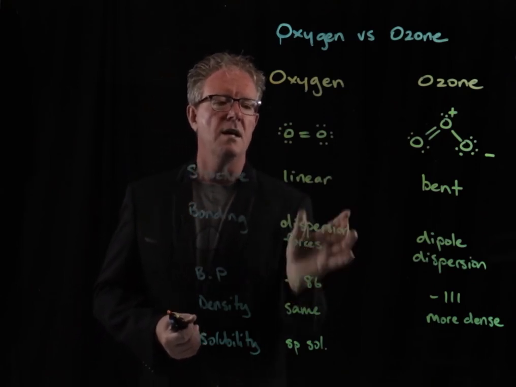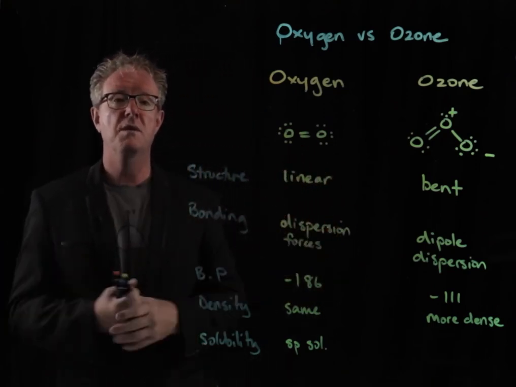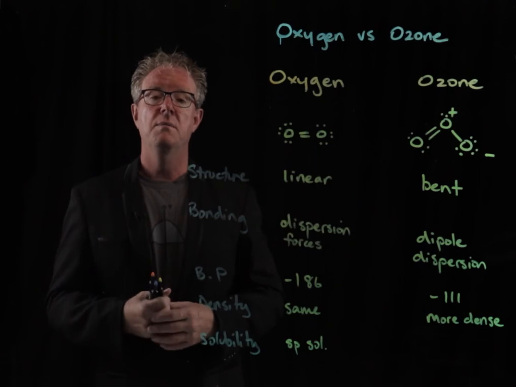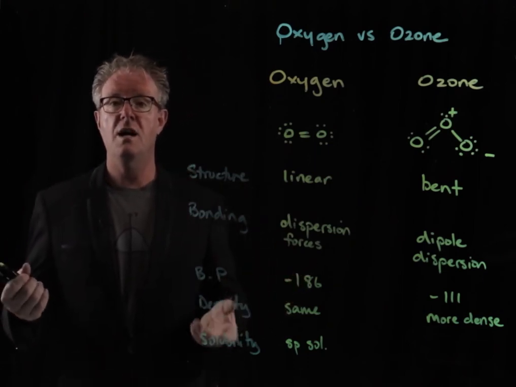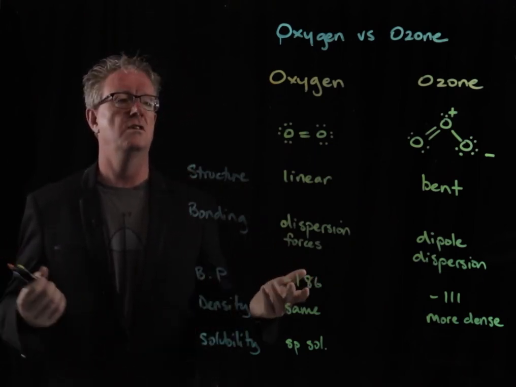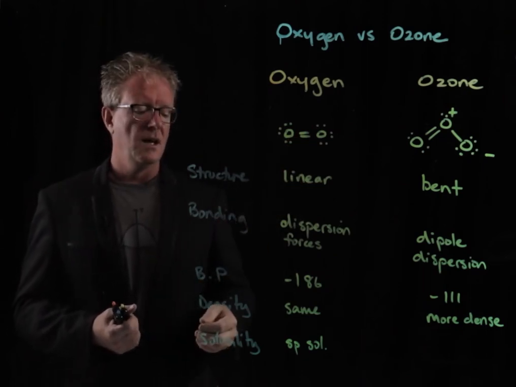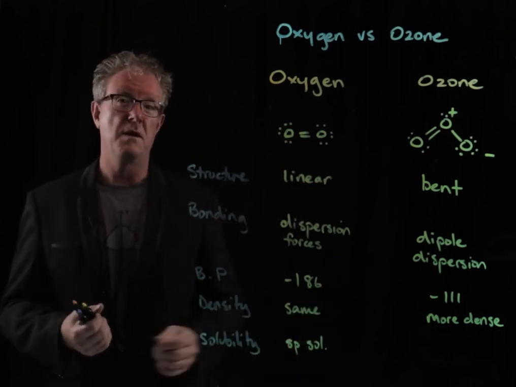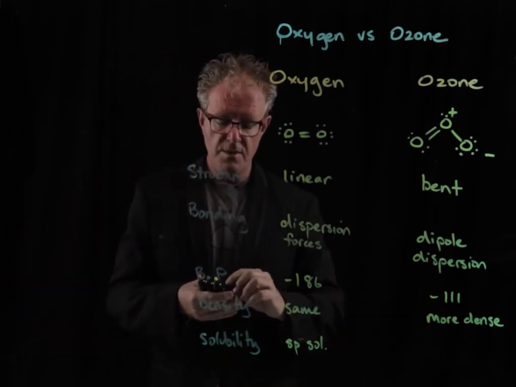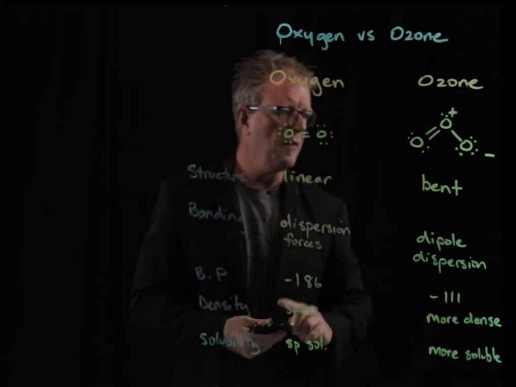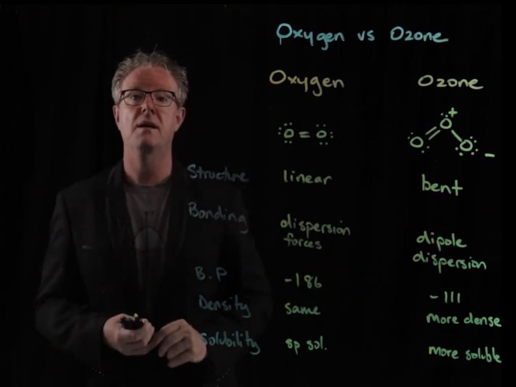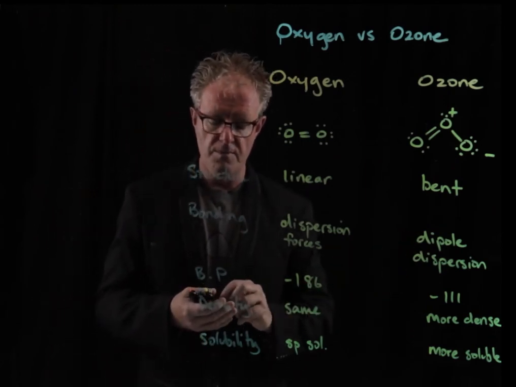It does dissolve in water because, when you think about it, oxygen has to dissolve in water because that's what fish and other aquatic organisms need for respiration. So there is oxygen in the water, but it's not a very high solubility, and so we can say it is sparingly soluble. Over here, ozone is more soluble, and that's because it has greater intermolecular forces, the dipole.